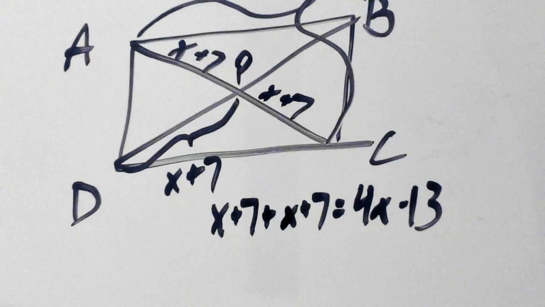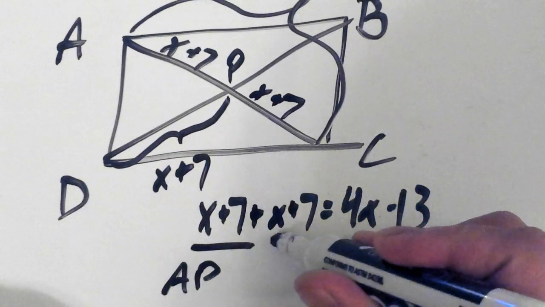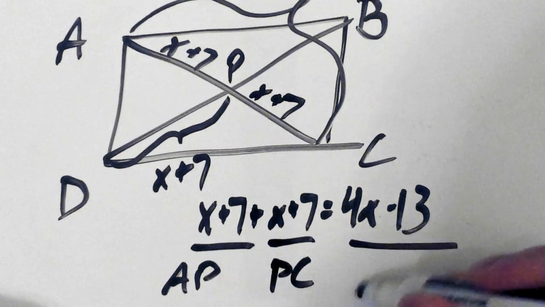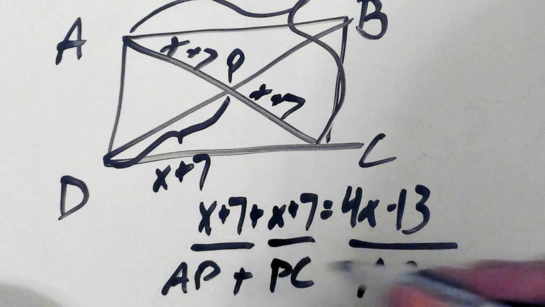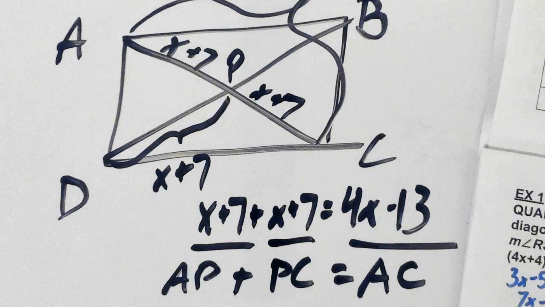Because right here is AP, right here is PC, and right here is AC. We add the two pieces together to get my full segment. So let me write that down on my paper and we'll solve from there.